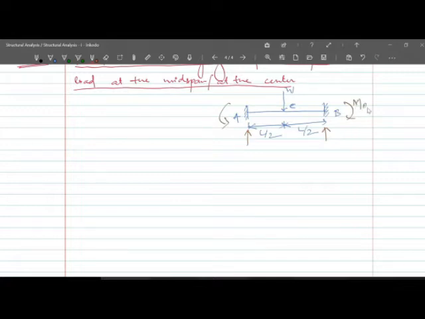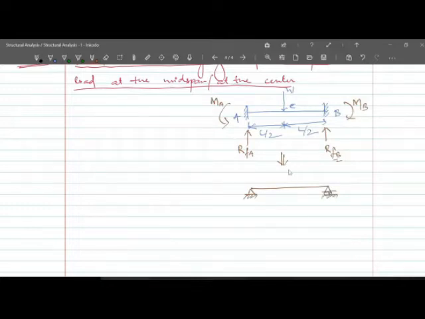So let us say this is MB, this is MA, and this is RFA, as I said, this is RFB, right? Okay, so just like the previous one, we can make it into two cases. So what will be the first case? The first case will be a simply supported one.